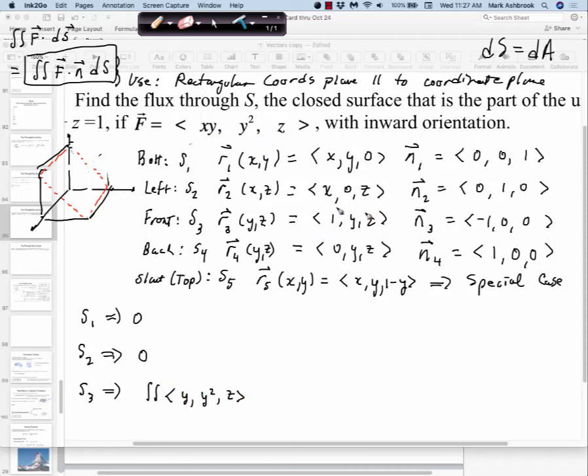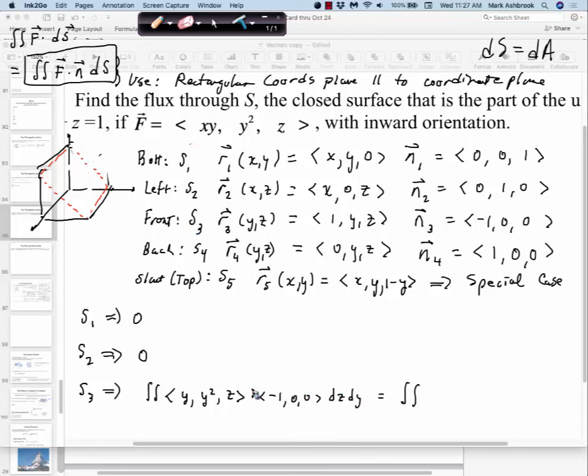So you use the parameterization of the surface to rewrite F dot n. What's our n? Negative 1, 0, 0. And that's going to be, say, dz dy. So that's S3. That's the front.